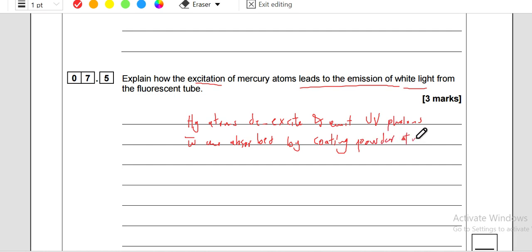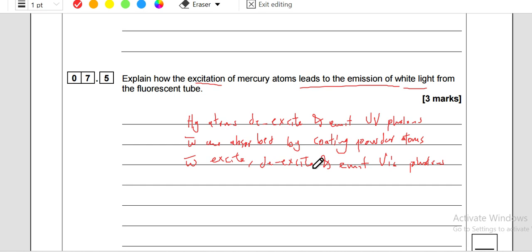The atoms of the coating powder become excited and de-excite and emit visible photons.